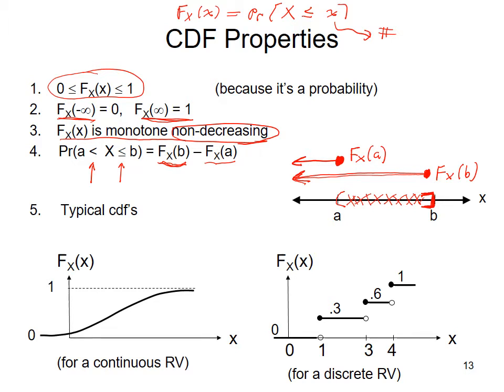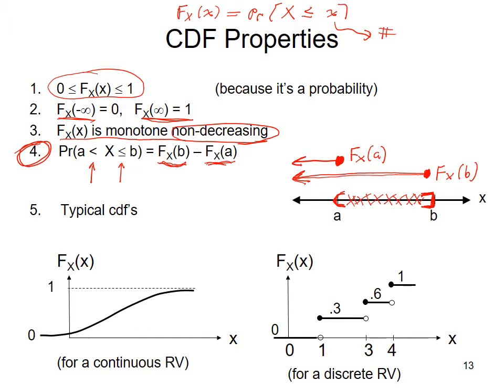F_X of a says include the a when you do your subtraction, so that means we're not including the a in our final answer. That's how we get the probability of X being between a and b. We don't include the a, but we do include the b. So that's probably the most important bullet on this page, or the most important property.